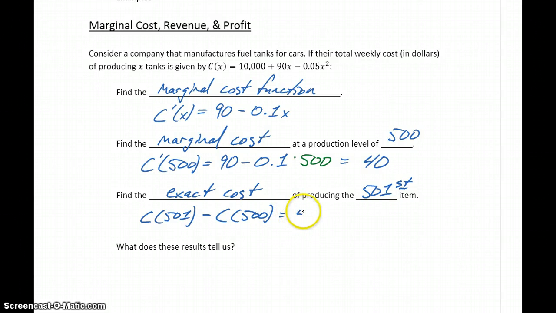And this will yield $42,539.95. So that's the cost of producing 501 fuel tanks minus 42,500, which is the cost of producing 500 fuel tanks. So the difference there is $39.95.